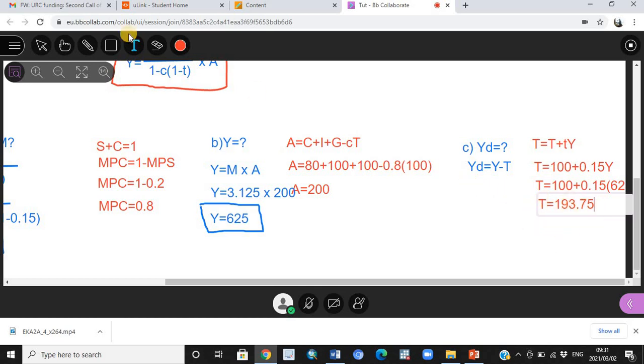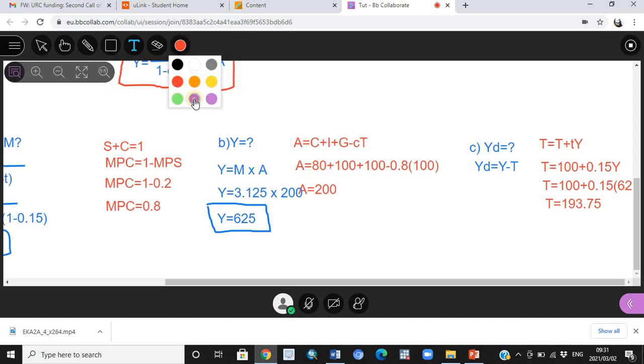Then we can again come here. I'm just going to change the color and go to my original color. So my YD is going to be equal to 625 minus 193.75.